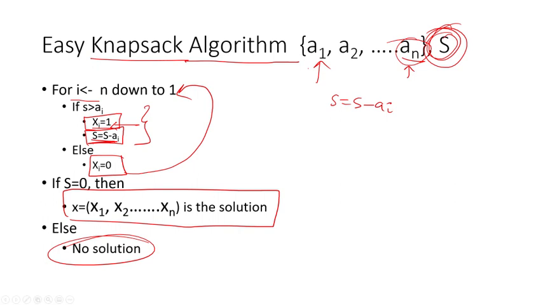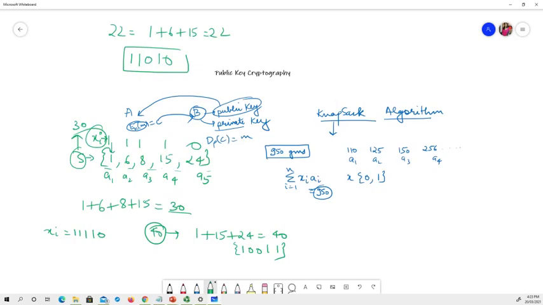Why it is called an easy knapsack algorithm, I'll try to make you understand, but let me give you an example. So let me open a whiteboard to help you understand. Okay, so now there is Alice and there is Bob. Alice and Bob want to communicate with each other, where Alice has to send some message to Bob.